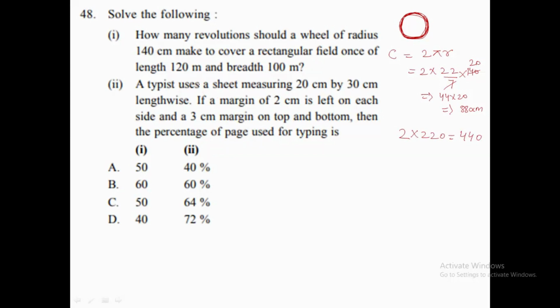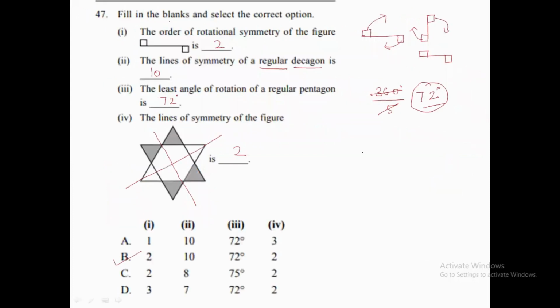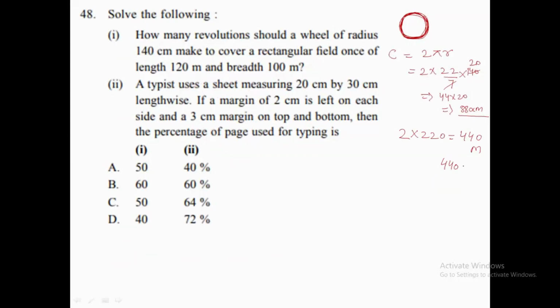We need to find that. It is in meters and it is in centimeters, so first we will convert it into centimeters. So we are getting 440, we will add 2 zeros to it. When we add 2 zeros, it becomes 44,000 centimeters. So let's divide it.